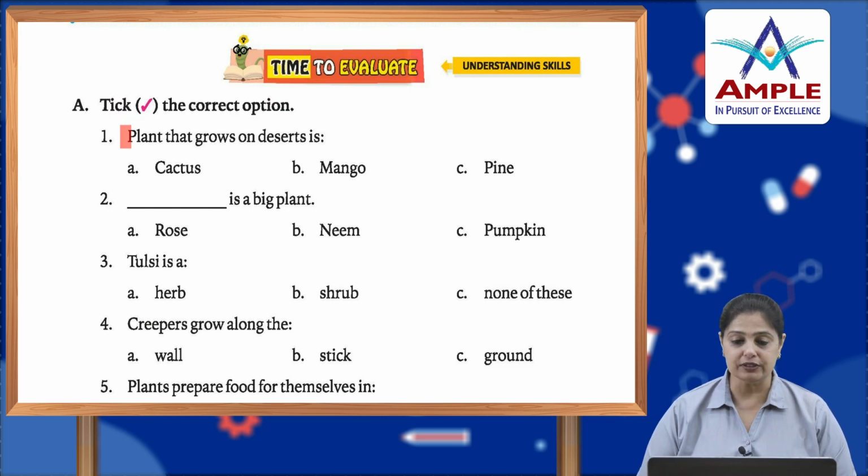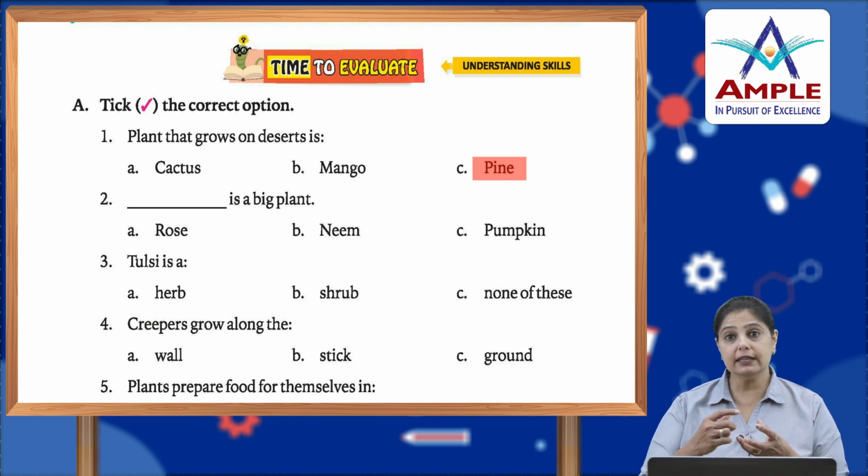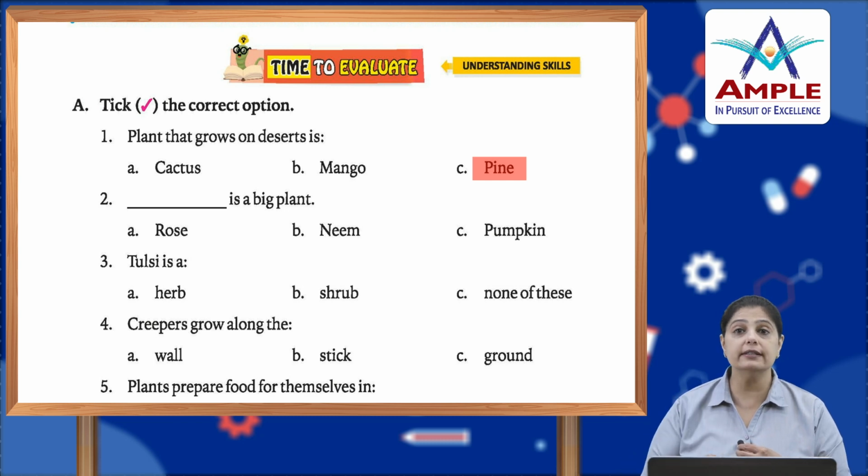Take the correct option. Plant that grows on desert is cactus, mango or pine? It is a cactus. So, children, if you look at the shape of the cactus, those leaves which are there, they have these spines in them, okay. And these spines, they store water inside them, and that is the reason why these plants can survive in the desert.